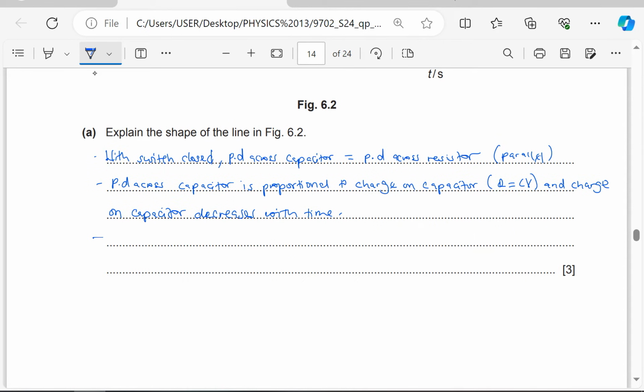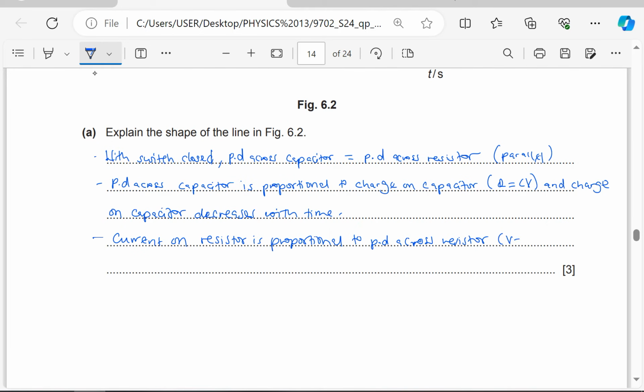So we also know that the current in the resistor is proportional to the PD across the resistor.